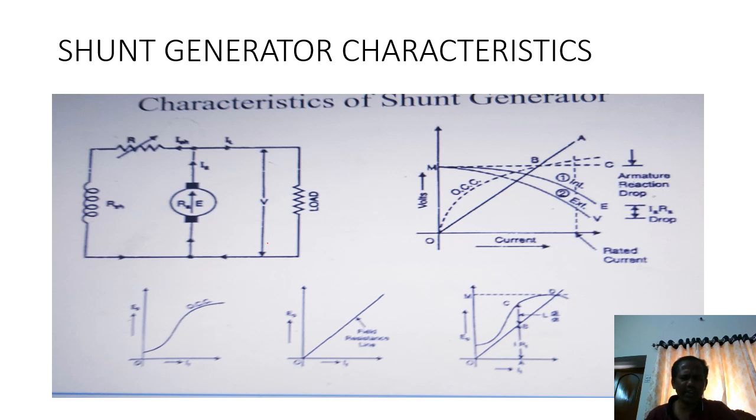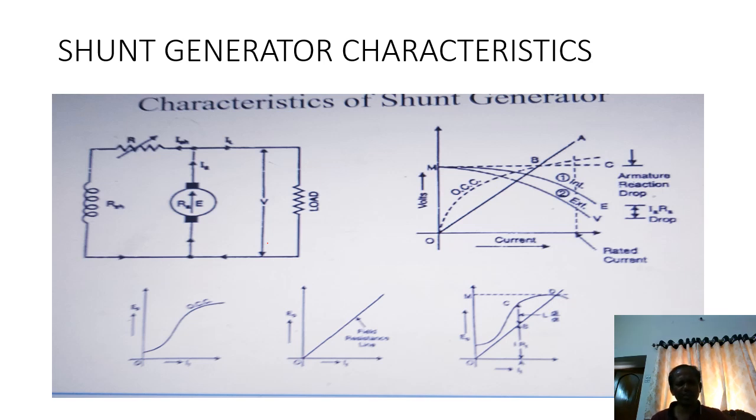In series with the shunt field there is a variable resistance connected. By varying the resistance, the current passing through the field winding changes, which causes a change in the flux. This strengthens the armature flux.